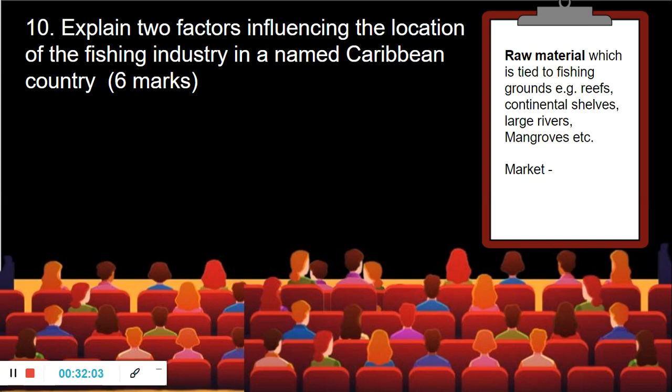You could even talk about the cooperatives and the role that they play in helping to develop good marketing strategies to ensure that the fishermen are able to get paid when they sell their catch. All right.